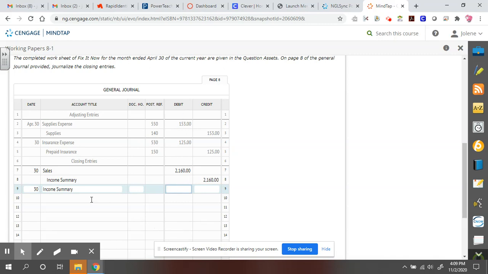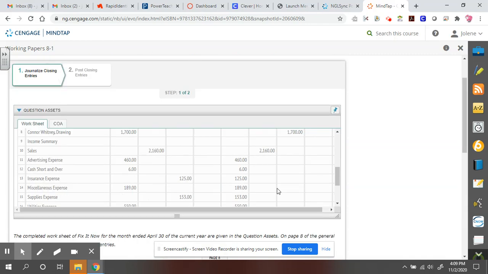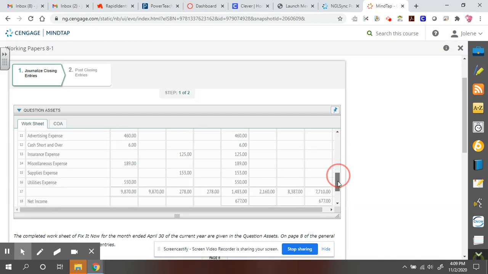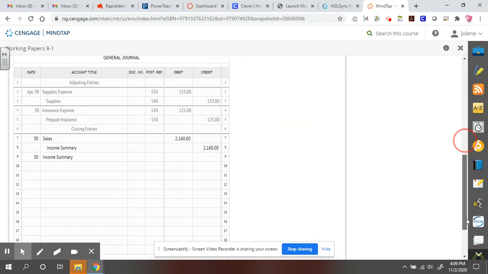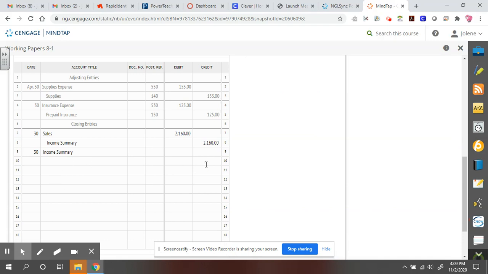To close them out to zero, you have to credit them. For this company, we see advertising expense for $460.